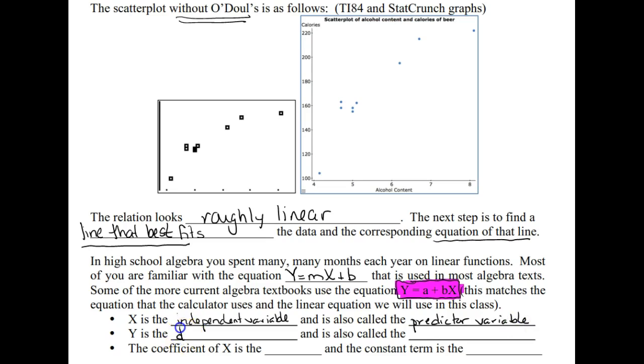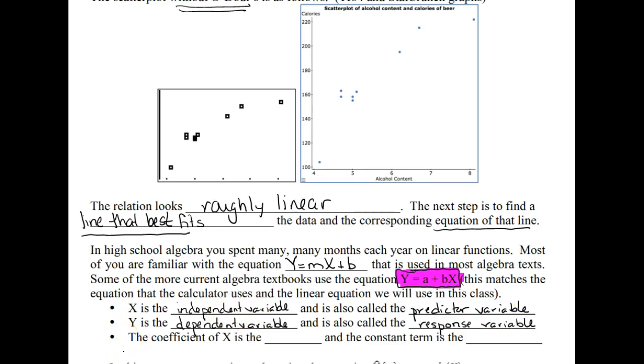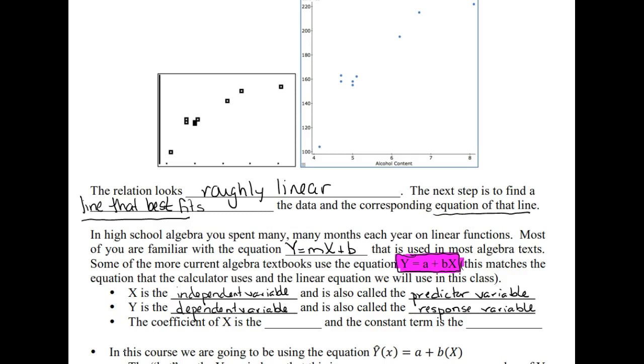And y is called the dependent variable. Its value depends on the given value of x. In stats, we also call that the response variable, because we change the input variable, the independent variable, and we see how y responds to see if there's any predictable pattern there.